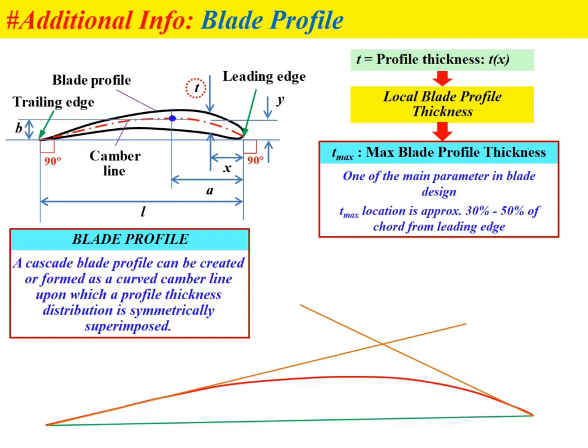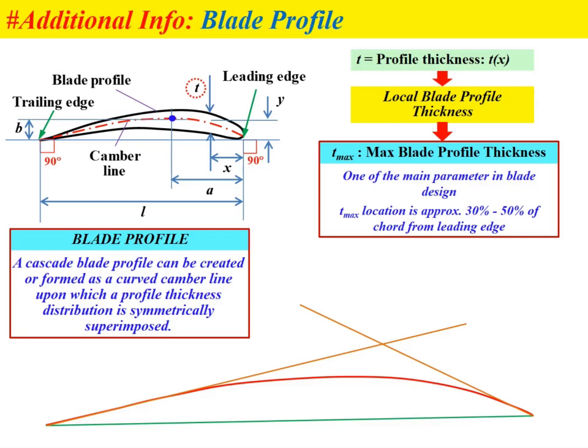Based on this principle, the distance from the camber line to the upper surface of the blade is equal to the distance between the camber line and the lower surface of the blade.